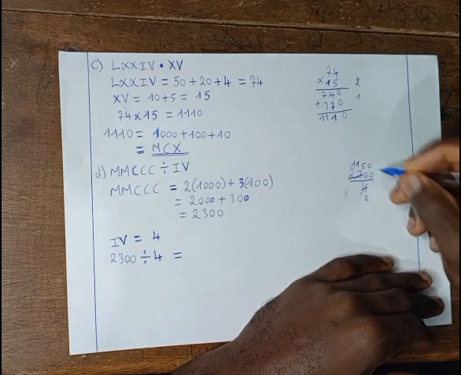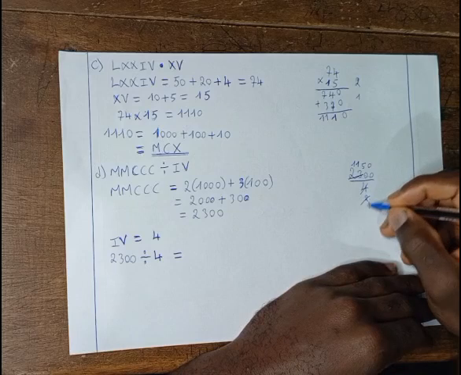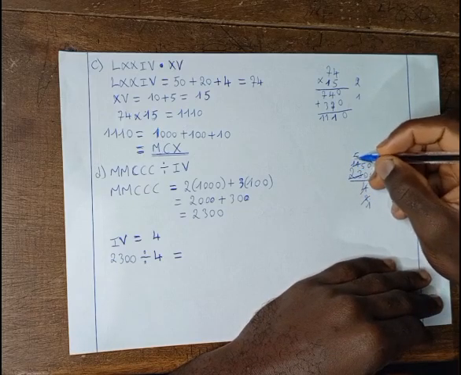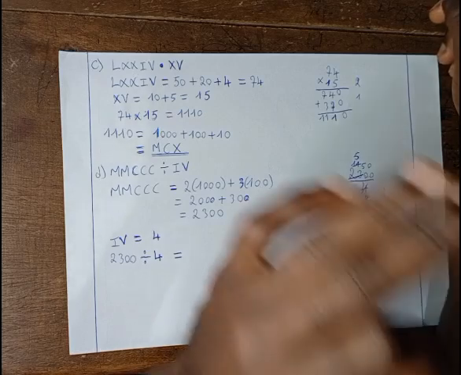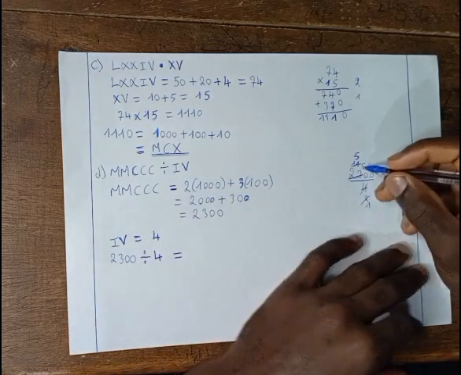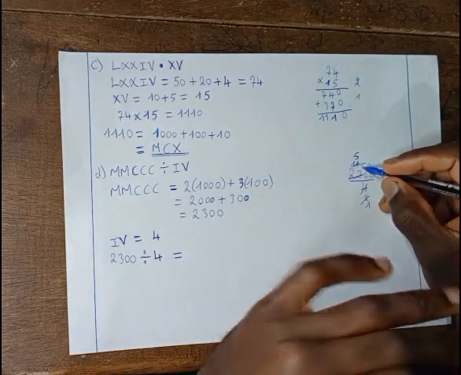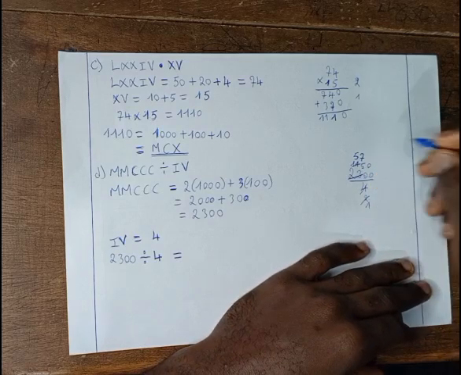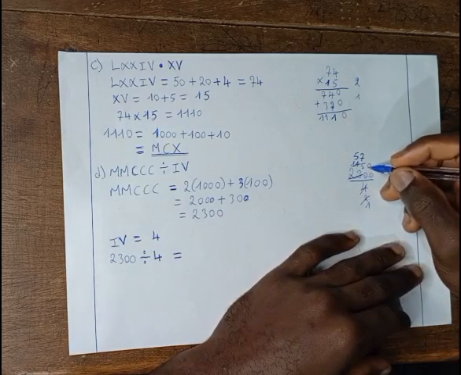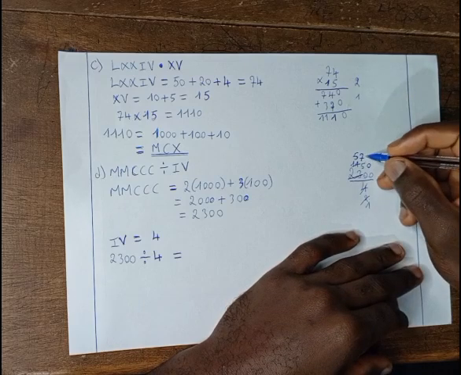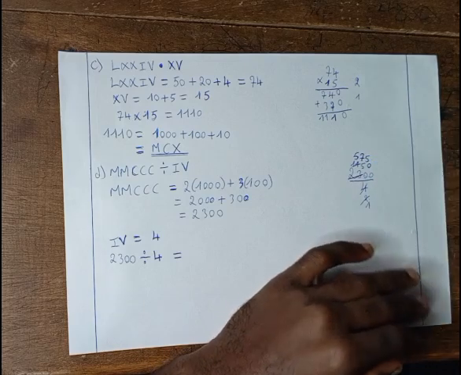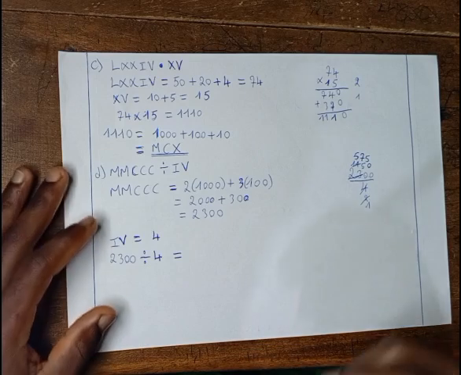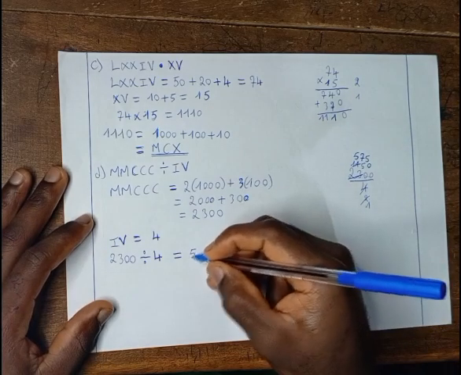Then we bring up this 0. Next, 2 will go here 1. 2 will go into 11 5 times. Remainder 1. We're going to attach the 1 to this 5 to form the number 15. 2 will go into 15 7 times. Remainder 1. We're going to attach the 1 to this 0 to form 10. 2 will go into 10 5 times. So this will simply give us 575.